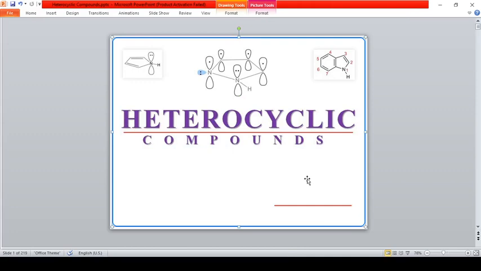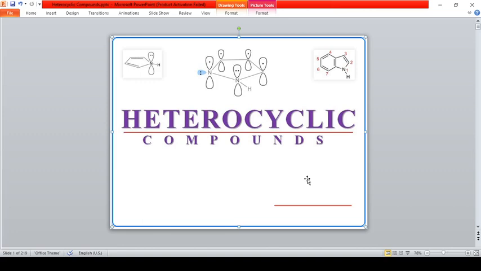Today we are going to study heterocyclic compounds. But first, in order to understand heterocyclic compounds, we have to understand the term carbocyclic compounds. Carbocyclic has two parts: carbo, which comes from carbon, and cyclic.